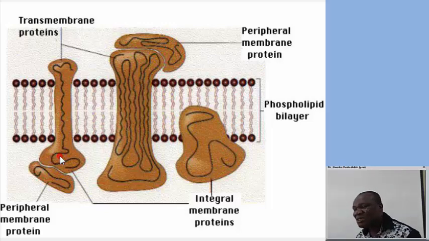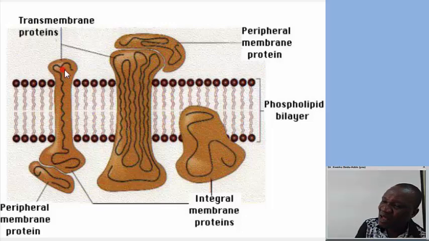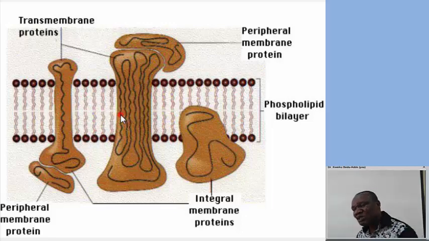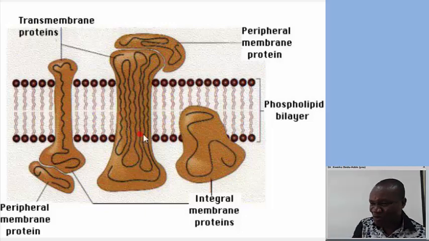The proteins also have water-loving regions and water-hating regions. And the water-hating or hydrophobic regions would integrate with the hydrophobic regions of the lipid bilayer. So please notice the difference between these types of integral proteins. One is just stuck in the lipid bilayer.